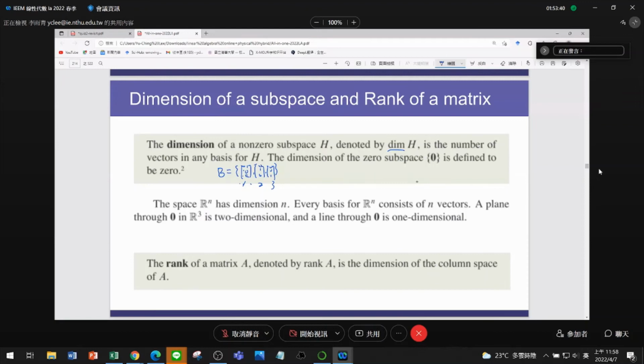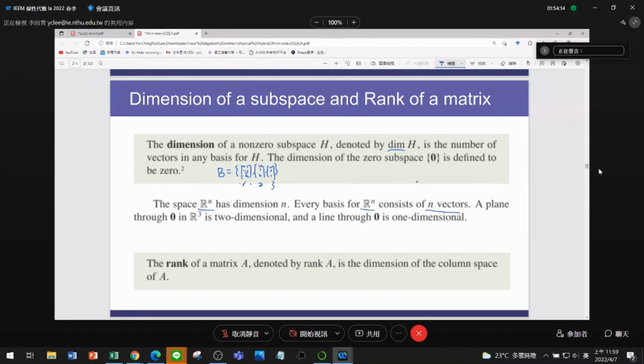The dimension of the zero subspace is defined to be 0. That is, if the subspace contains only the origin, then its dimension is defined to be 0. If we have a space Rn, then Rn has dimension n. Every basis for Rn will consist of n vectors.